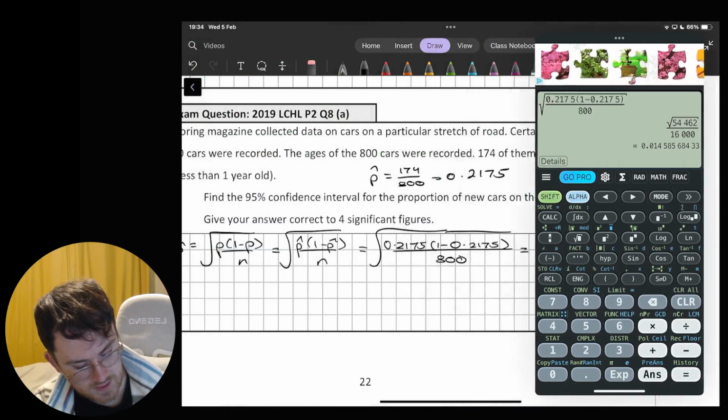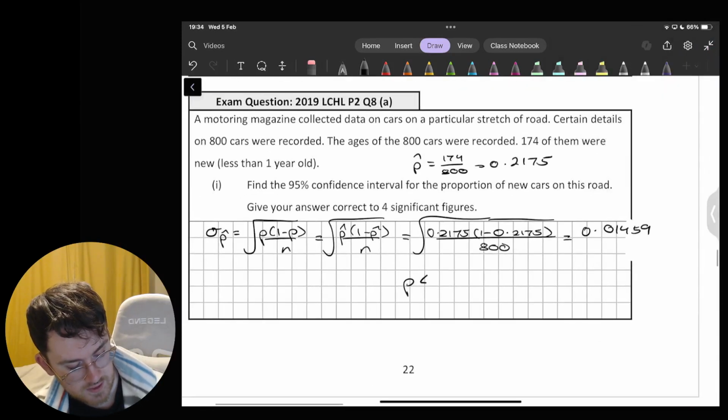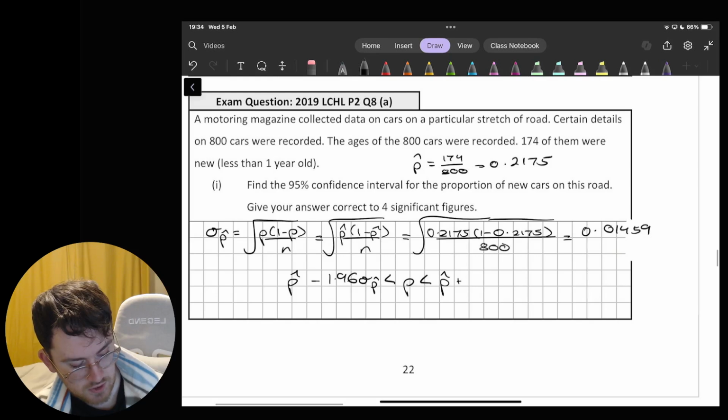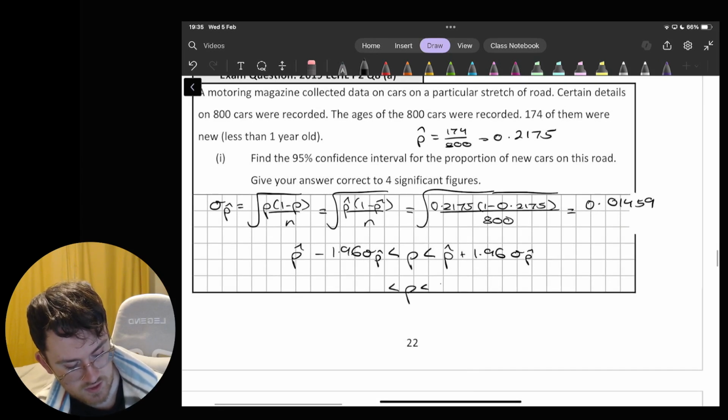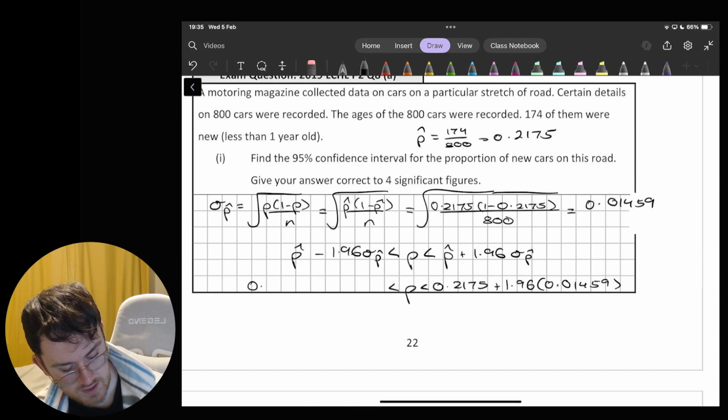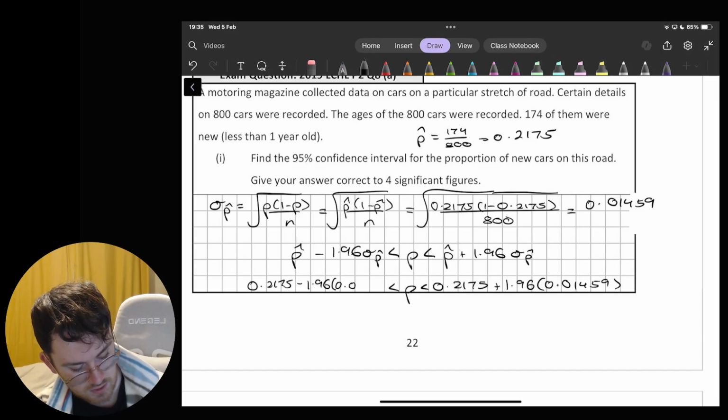Okay, so let's set up our confidence interval here. It's p hat minus 1.96 times the standard error, and p hat plus 1.96 times the standard error. So let's fill in all of these values that we have. 0.2175 plus 1.96 times 0.01459, and the same on the other side, 0.2175 minus 1.96 times 0.01459.